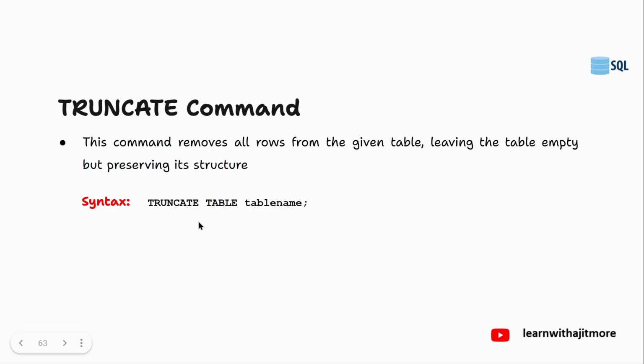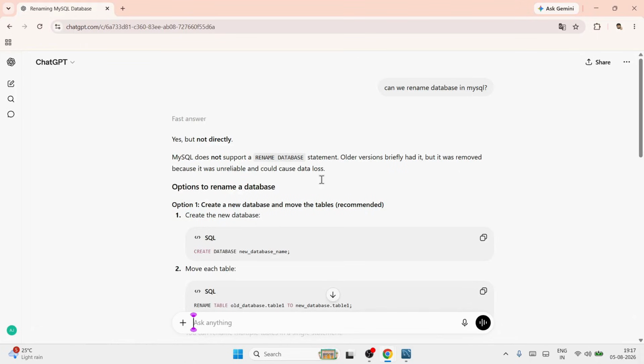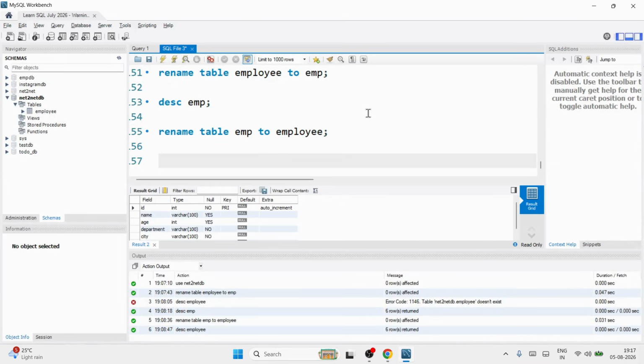See here: TRUNCATE TABLE table_name. That command is clear. If you want, I'll show you. For example, if we apply truncate on employee, all 98 records will go. Let's apply it: TRUNCATE TABLE employee.